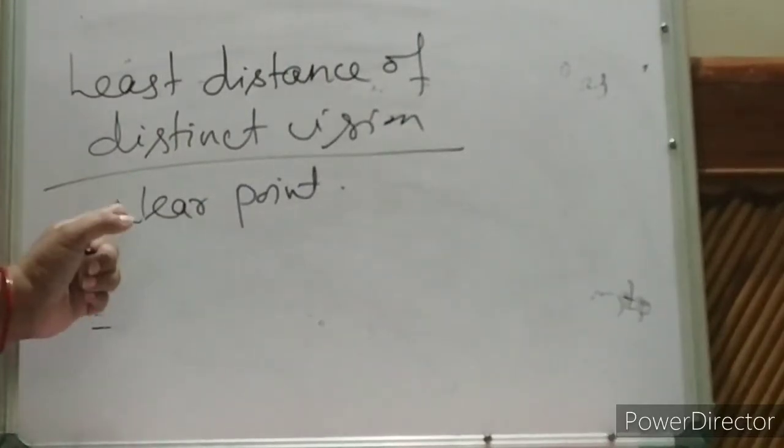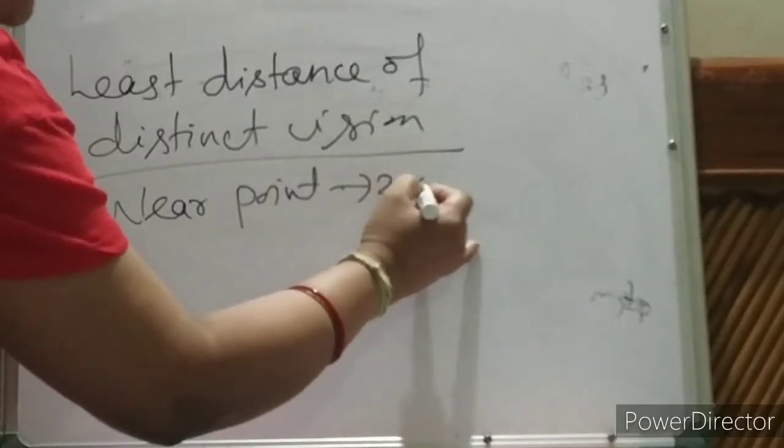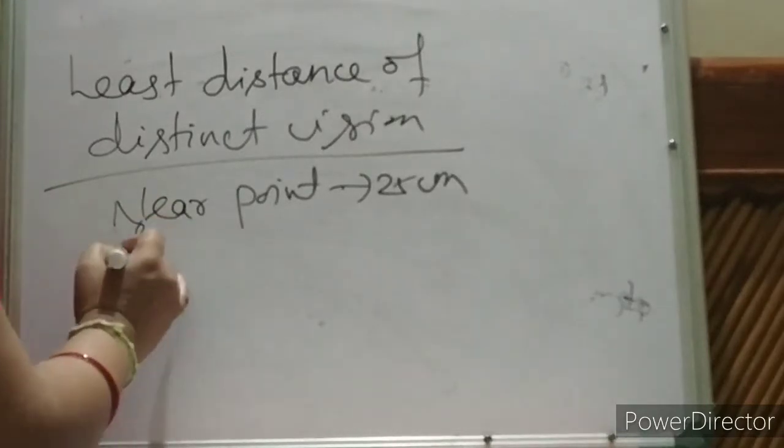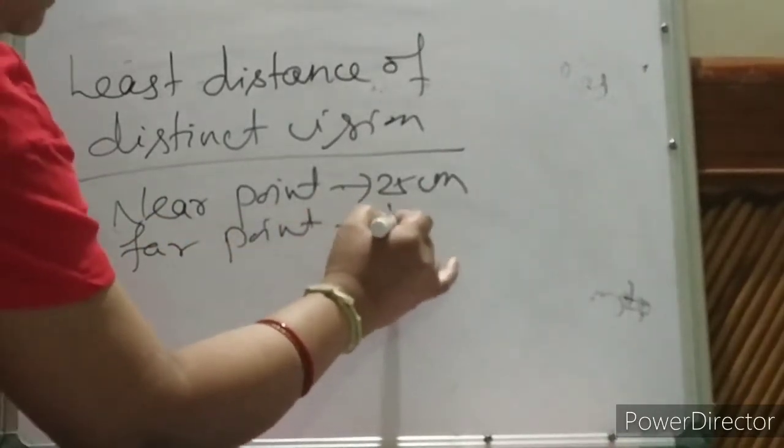For a normal eye, this distance is 25 centimeter. That means your near point is 25 centimeter and far point is infinity.